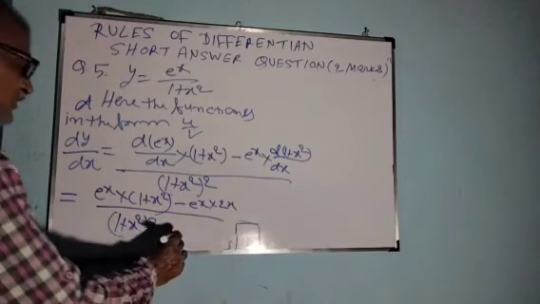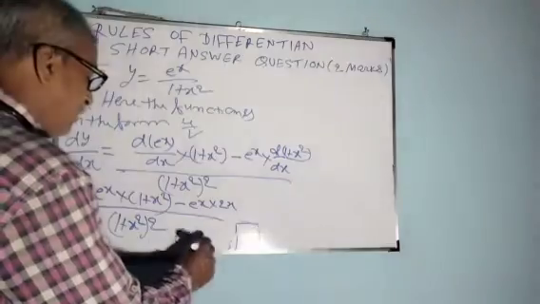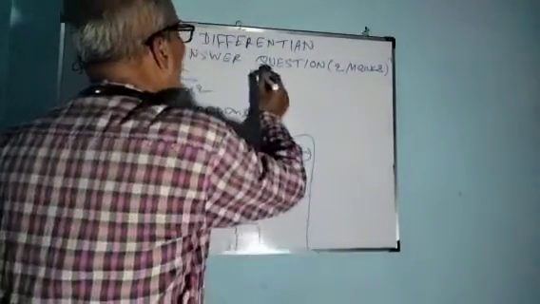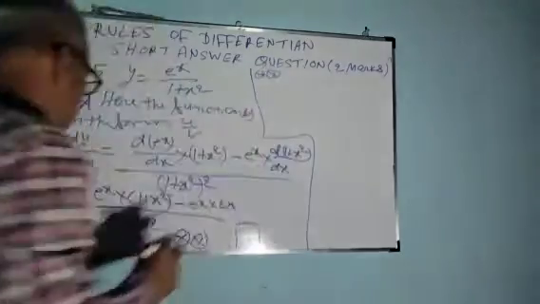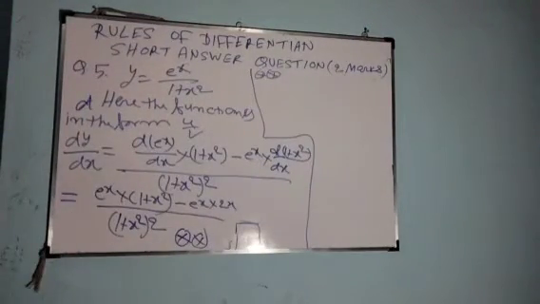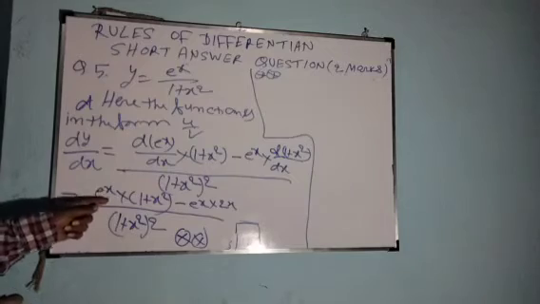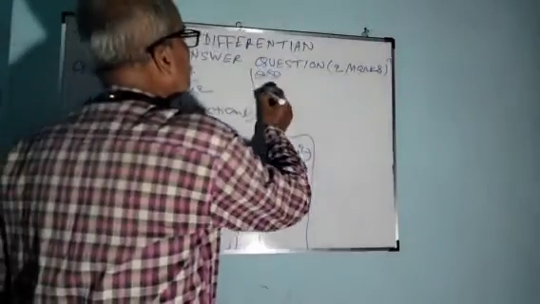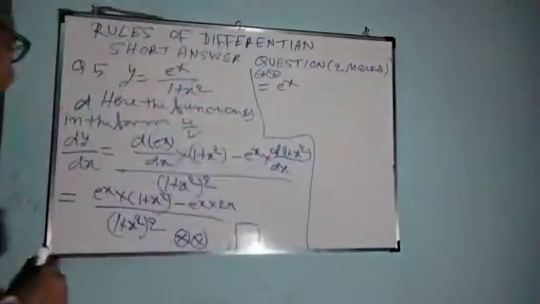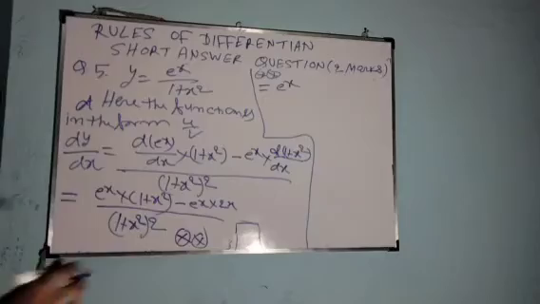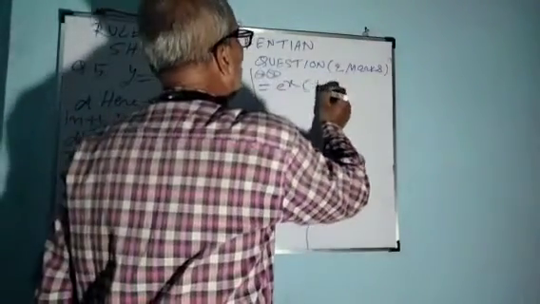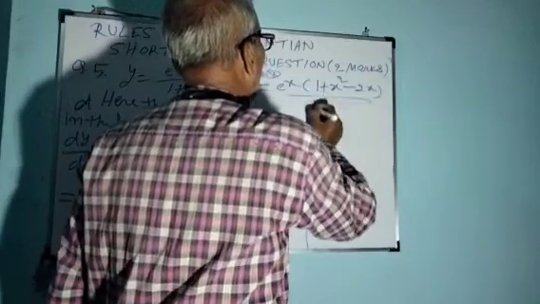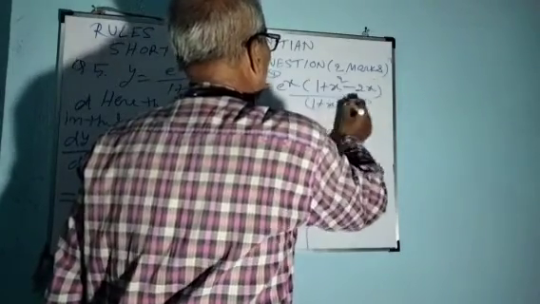Now we write the next step here. We take common e^x. This is equal to e^x into (1 + x^2 - 2x) by (1 + x^2) whole squared.